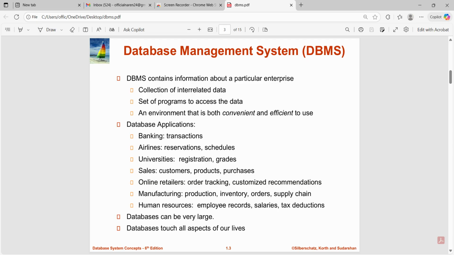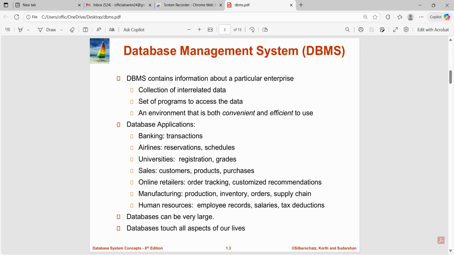So in this, the real-time applications of DBMS are banking sectors, where transactions are being carried out, and airline reservation systems, train ticket reservation systems, bus ticket reservation systems, and university registration and grade updation. Enterprise applications also we can use. Here the customer, product, and purchase details can be processed.